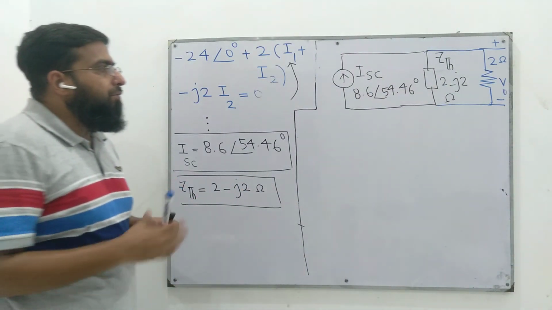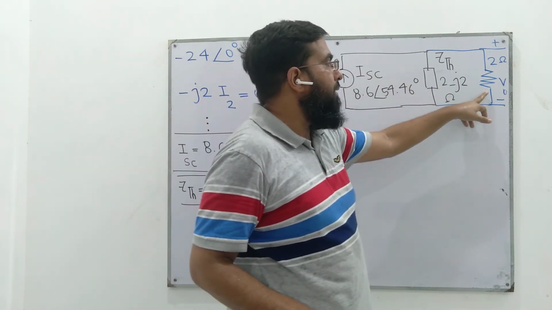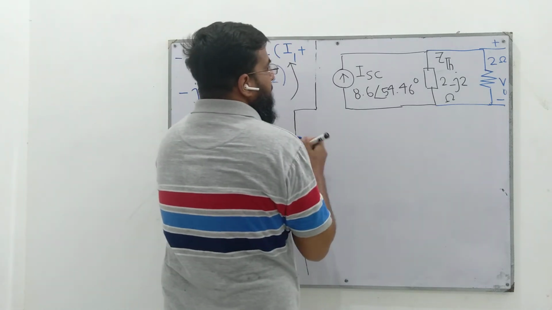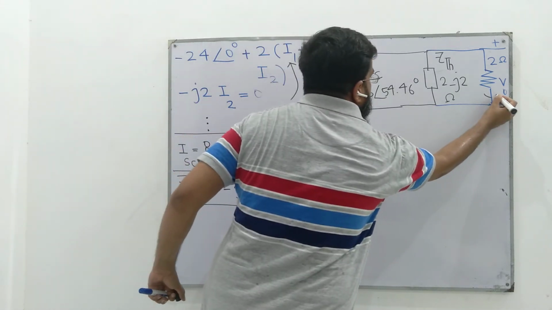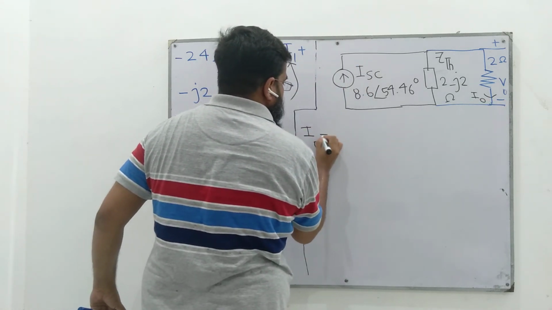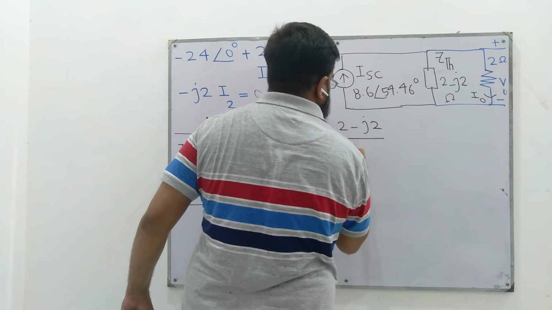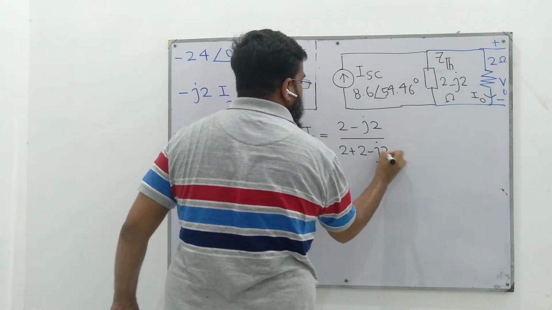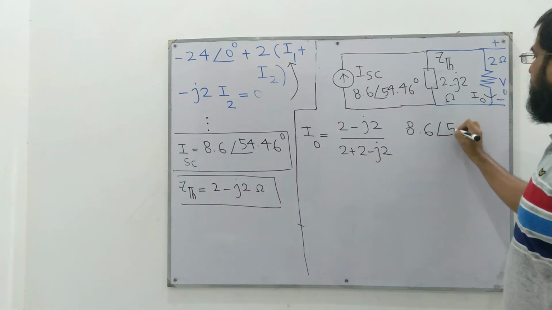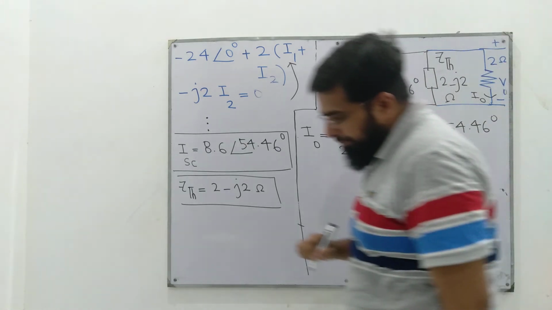Right. To find the voltage drop across this 2 ohm resistor, we have to first find the current flowing through it. So we'll apply the current divider rule and let's call it I out. I out is the other impedance in the numerator, the sum of the two in the denominator, times the total current entering, 8.6 at an angle of 54.46 degrees.